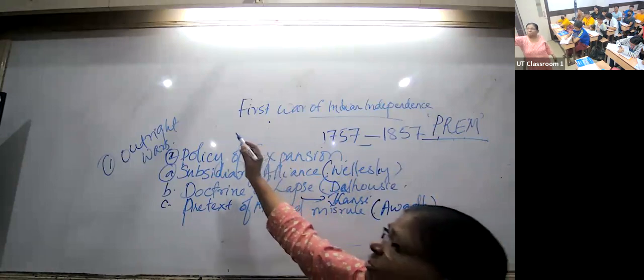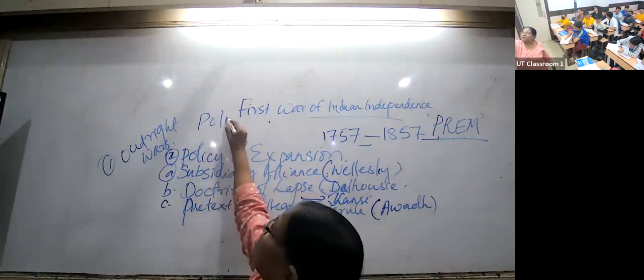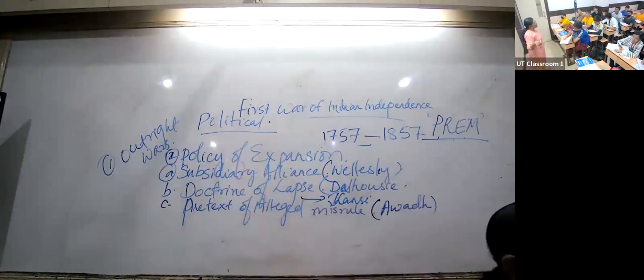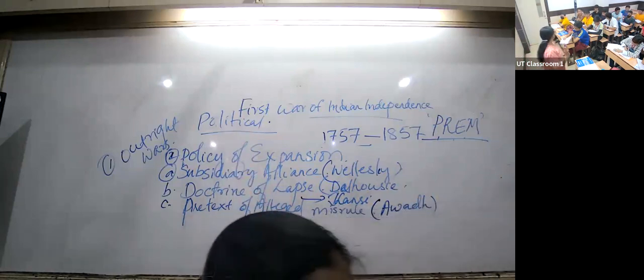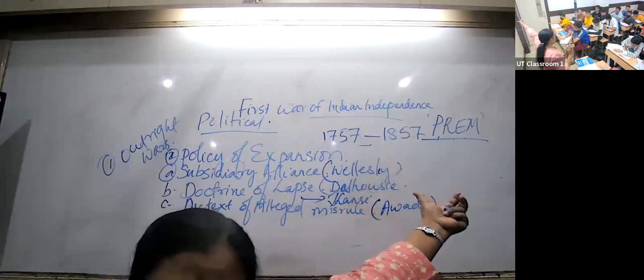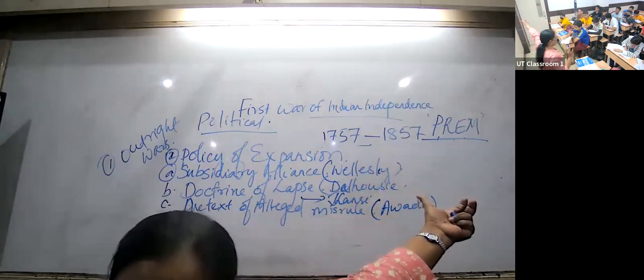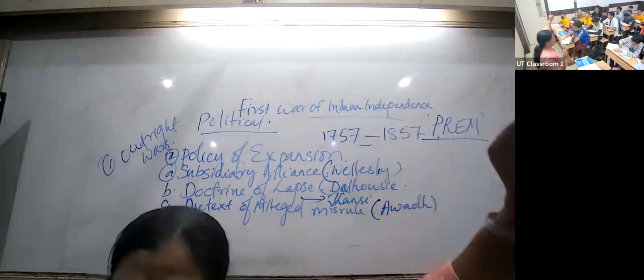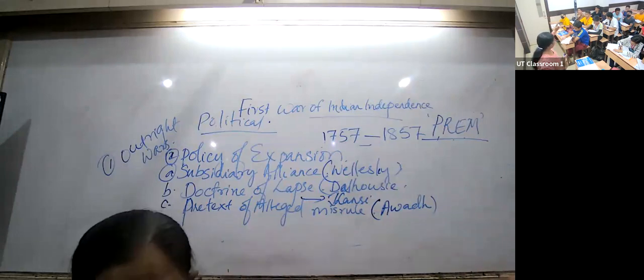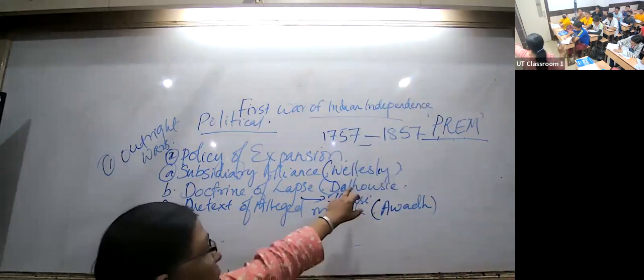So this first part we are studying is political. Did you understand the full forms of the four alphabets? Political, religious and social, then economic. Okay.